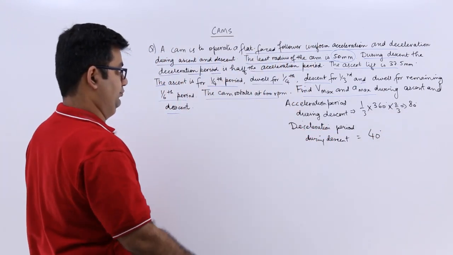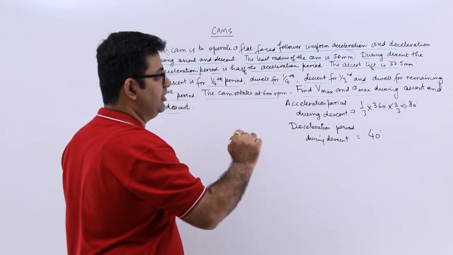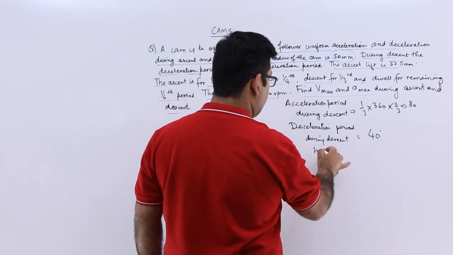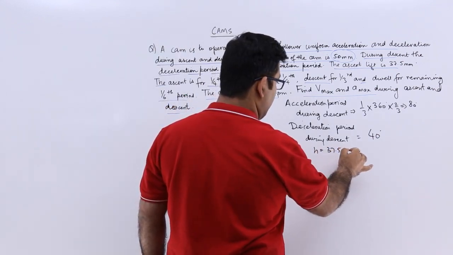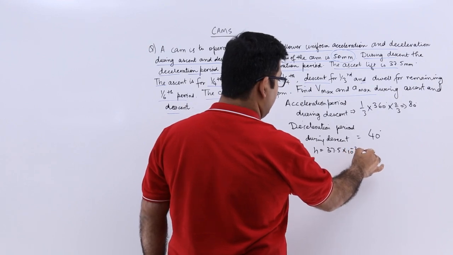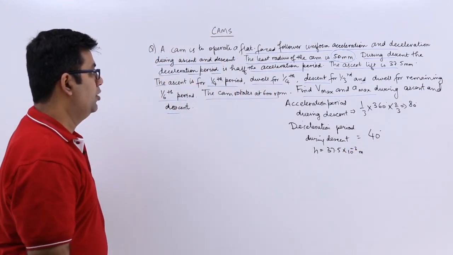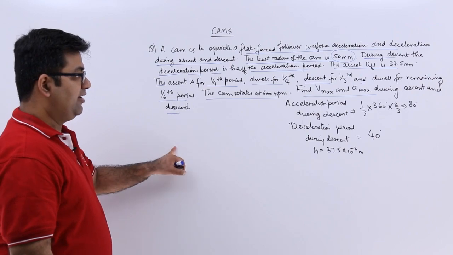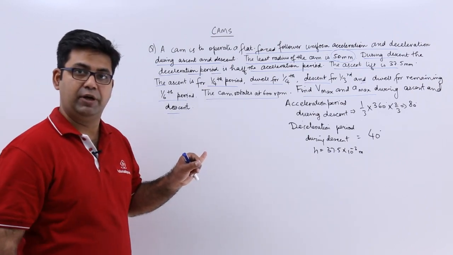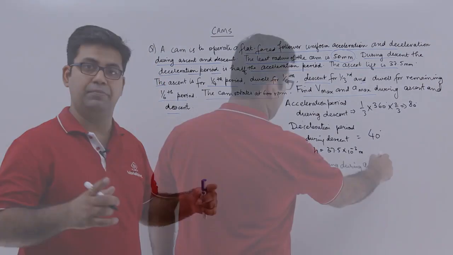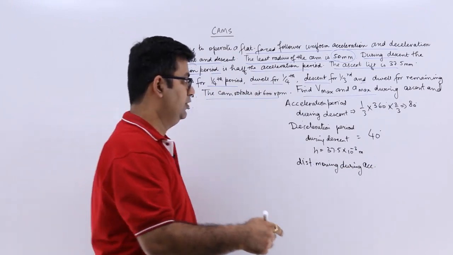The ascent lift is 37.5 mm, that is 37.5 into 10 to the power minus 3 meters. Let's find the distance moved during the acceleration in the descent period.